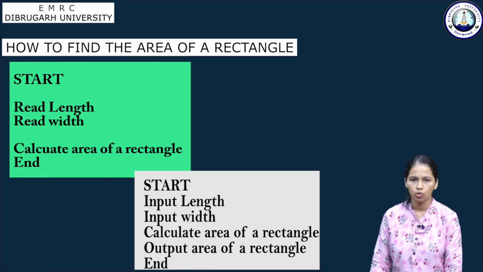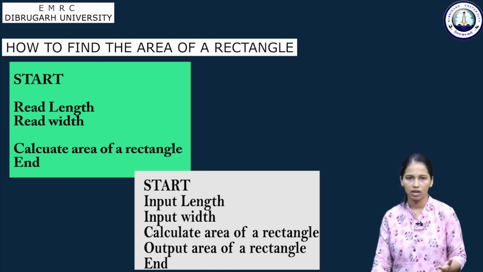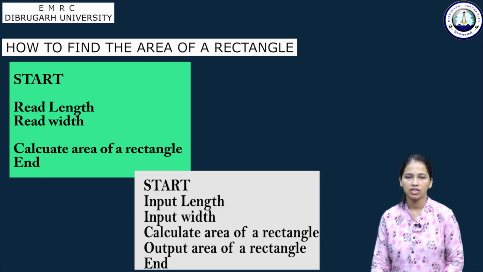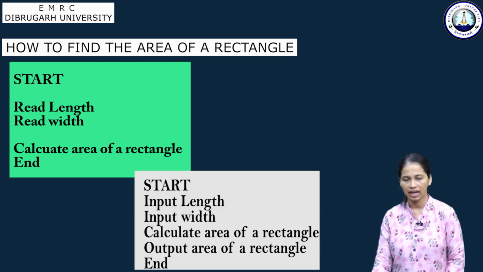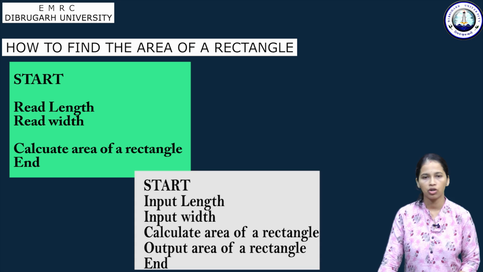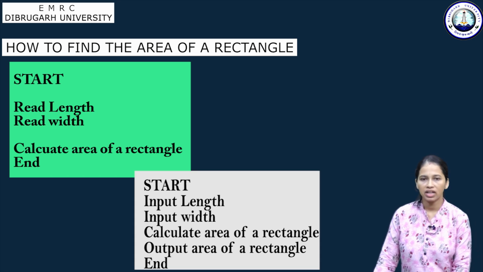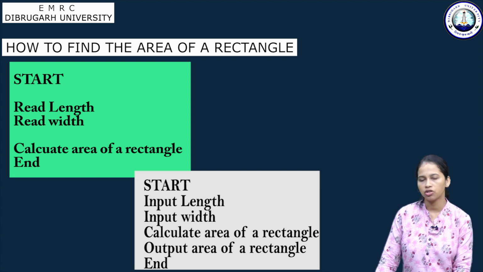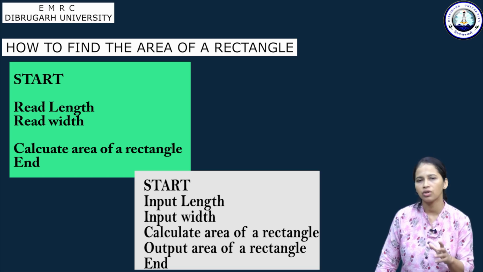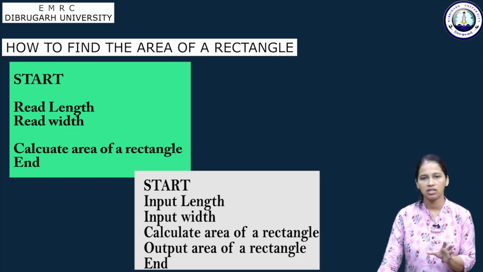I am showing you two ways to write the algorithm. Every algorithm always starts with the keyword start and ends with the keyword end. You can write read length, or you can write input length; it will also be correct. There are no strict rules to write an algorithm, but there is a standard format that you have to follow.